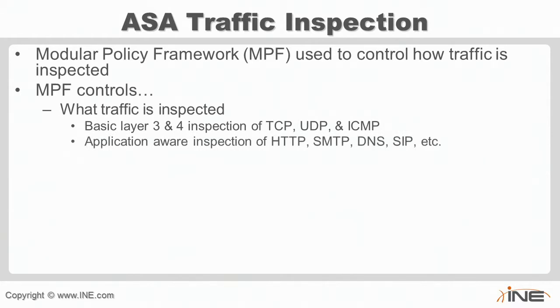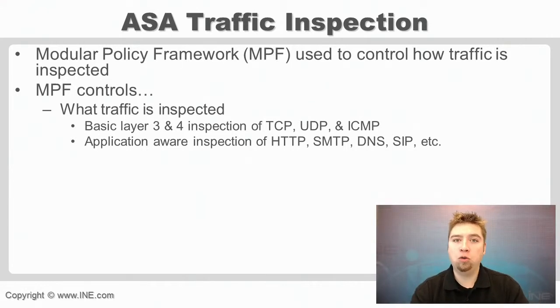This is also where we're going to do our application aware inspection. Now, we didn't yet look at this with IOS with doing layer 7 inspection with the zone-based policy firewall. We'll look at how the ASA deals with this and then circle back around to the zone-based policy firewall because they're going to be very similar to this. But the key is that there's going to be different inspection engines depending on what particular type of application that we're doing.